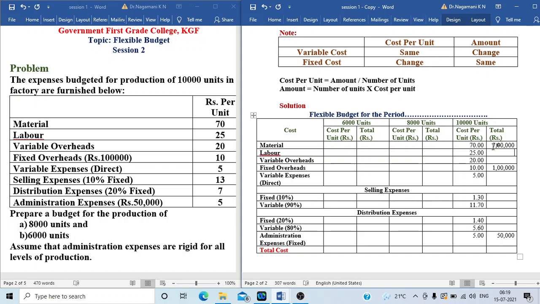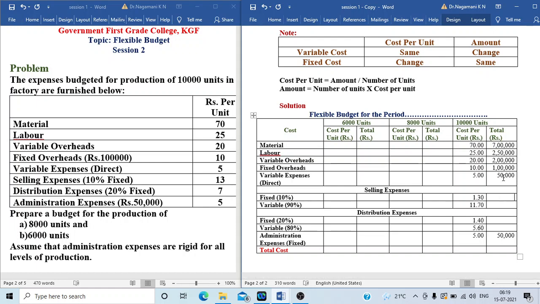Next, for labor 25 cost per unit into 10,000, 2 lakh 50,000. Then variable overhead 20 cost per unit is there and 10,000 unit 2 lakhs. Next, variable expenses 5 cost per unit is there and 10,000 units means 10,000 into 5, 50,000.